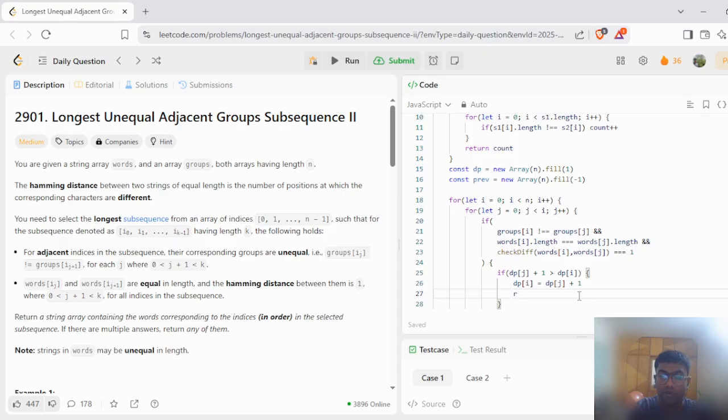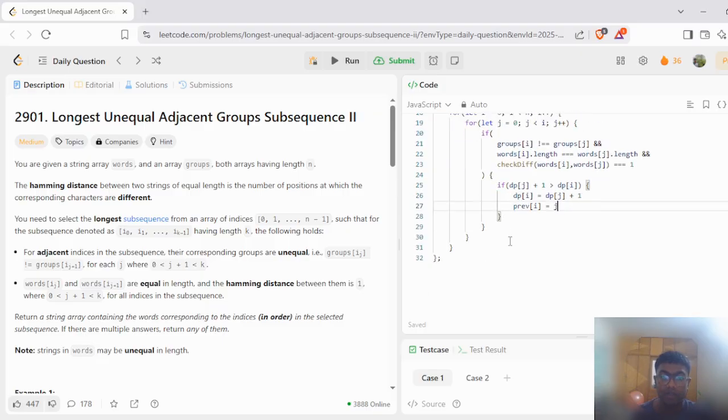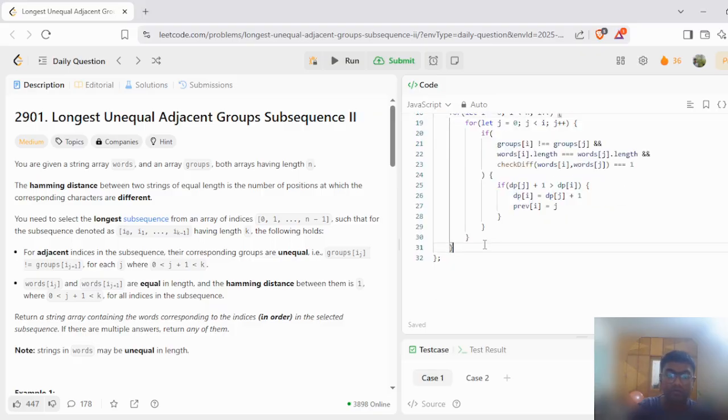And we keep track of the previous index so that during the time of return, we get the previous index values, and from there we can pick the words at the specific index that we were looking for in the result, right? So let's find which has the maximum subsequence from the DP array.